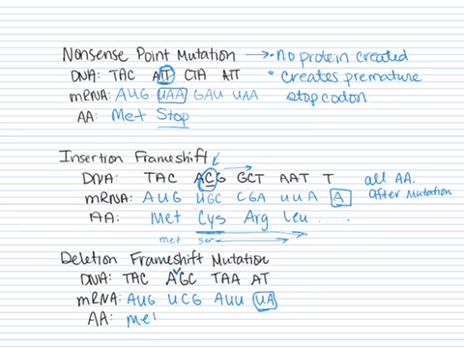So AUG is methionine, UCG is serine, AUU is isoleucine, and then we just keep going.